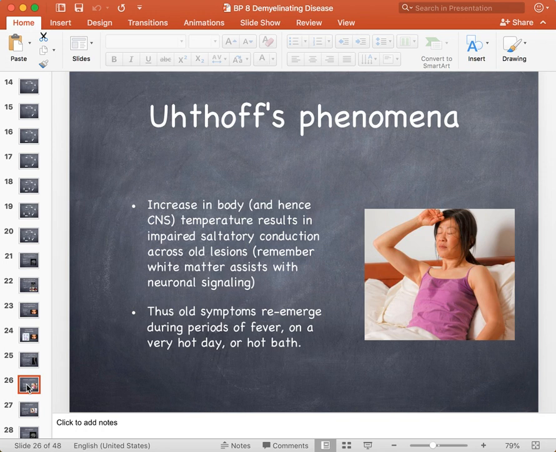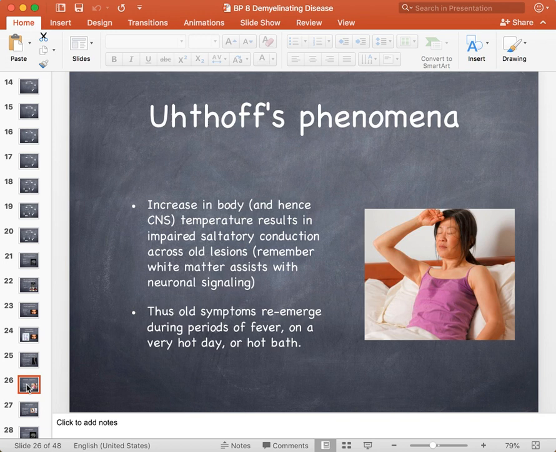And so there's some degree of impaired saltatory conduction. That's the jumping conduction across the nodes of Ranvier. And that conduction is impeded with higher temperature, for reasons I could not quote you off the top of my head.